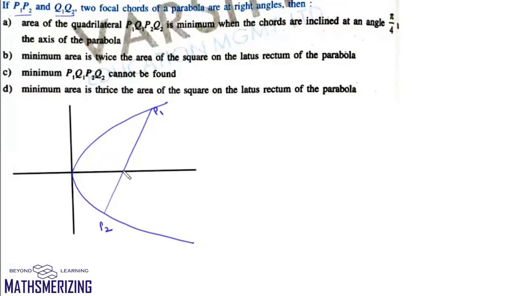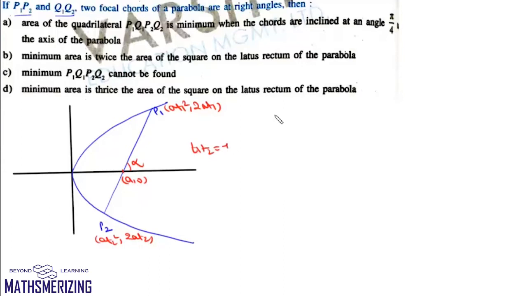Now focus is at (a, 0). And suppose this chord makes an angle alpha with the x-axis. Now this point is (at1 square, 2at1), and this point is (at2 square, 2at2), and we know that t1 into t2 is minus 1.